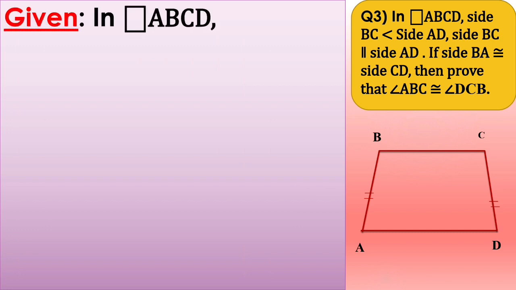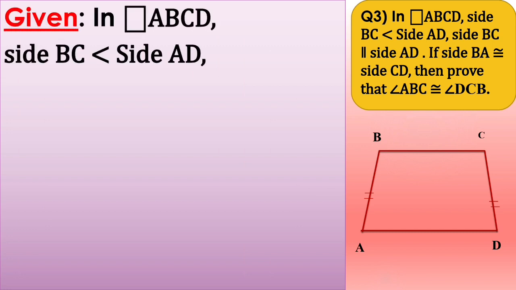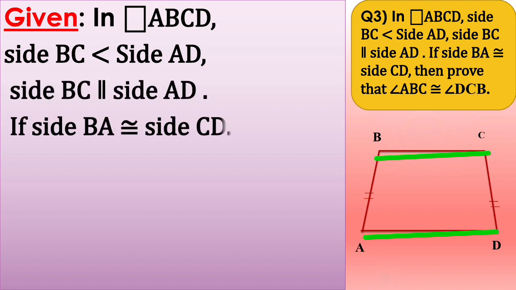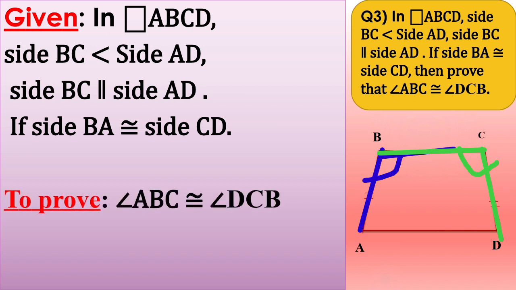Solution. First of all, you will write the given information. The quadrilateral ABCD is a trapezium. Side BC is less than side AD and side BC is parallel to side AD. And we have the information that side BA is congruent to side CD. Here we have to prove that angle ABC is congruent to angle DCB.